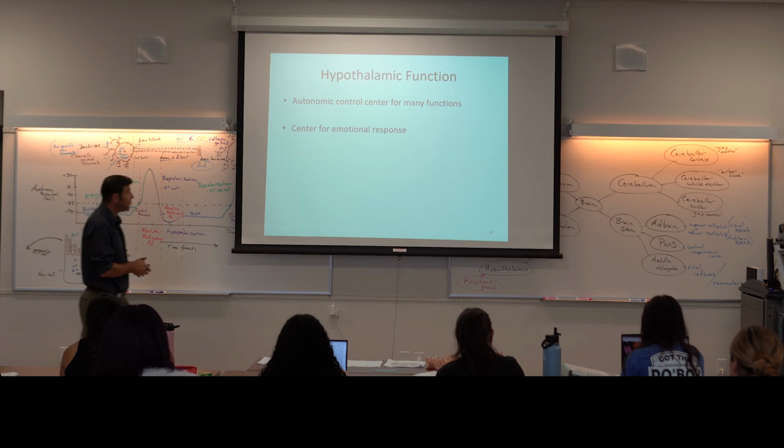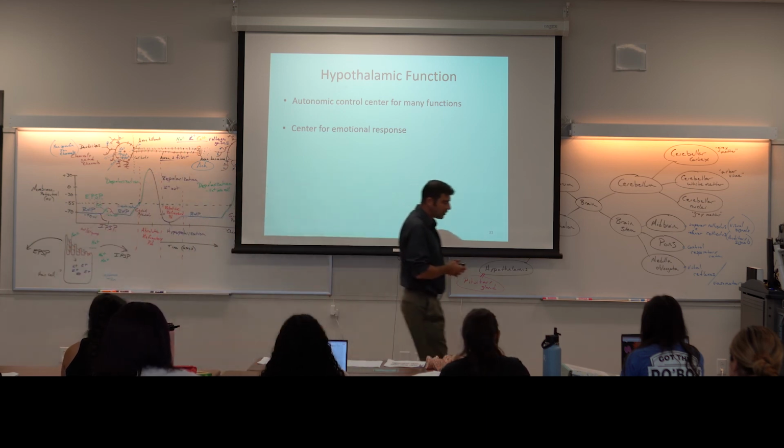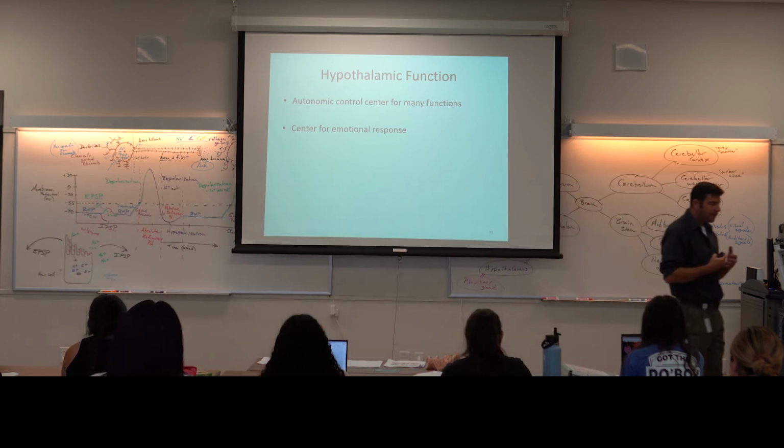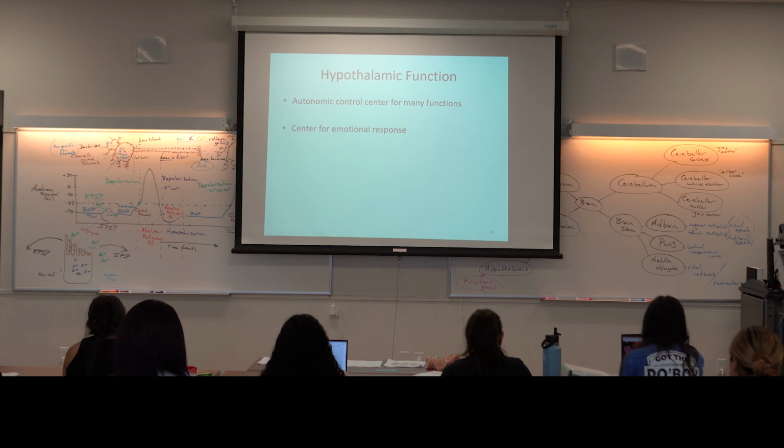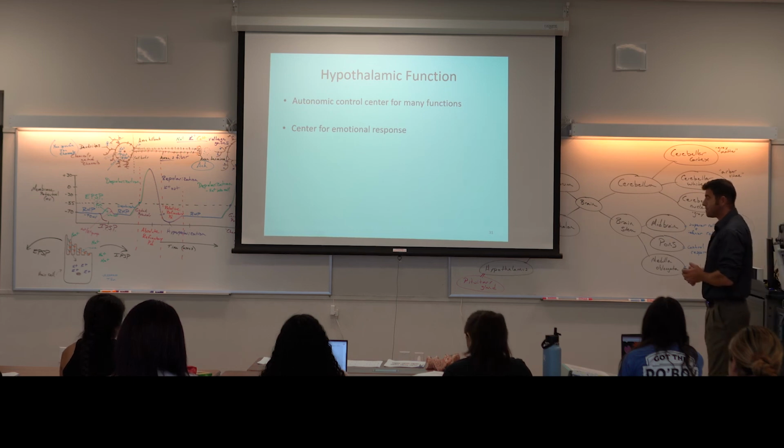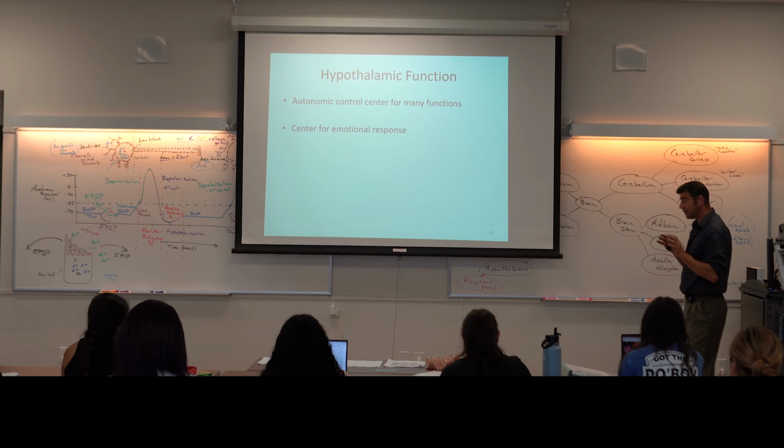If we haven't listed the function of the hypothalamus yet, we can say that the hypothalamus is really kind of the boss of the autonomic nervous system. When we set up the nervous system, we said there was the sensory division that sent signals back towards the brain and spinal cord, and then there was the motor division.